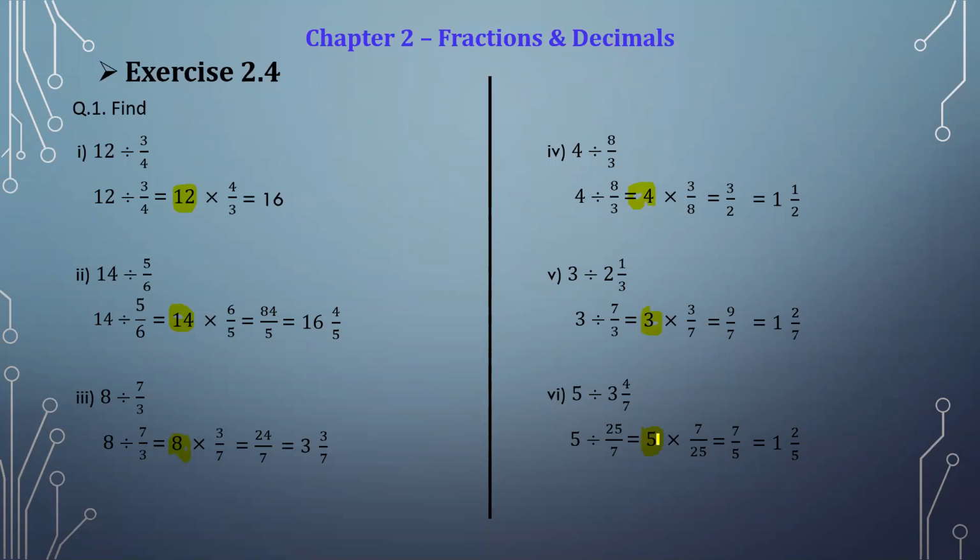Whether it is a whole number or a fractional number, it doesn't matter. You have to keep the first number as it is from the division, and you have to take the reciprocal of the second number. So these are the steps to solve the division of any fractional number.